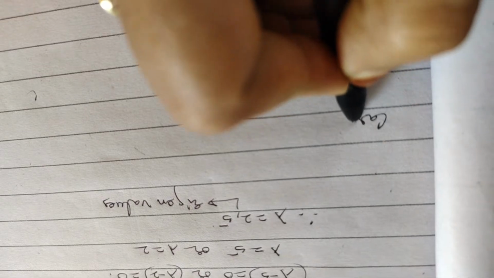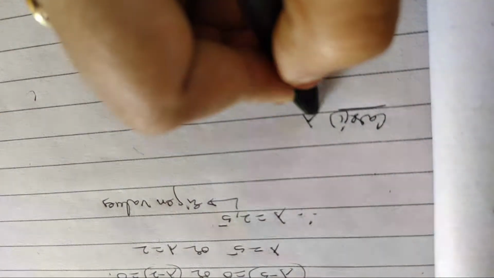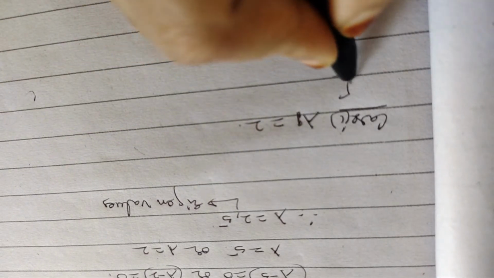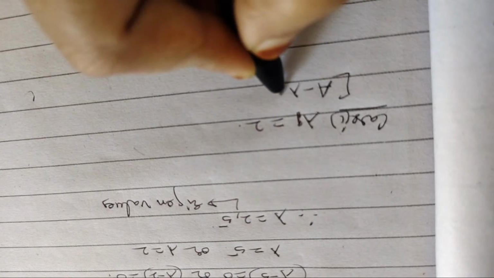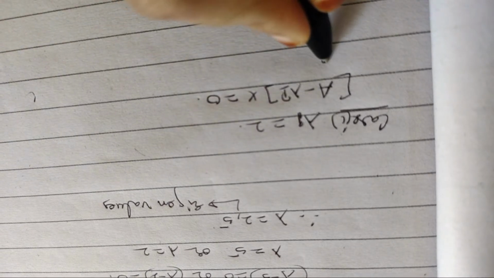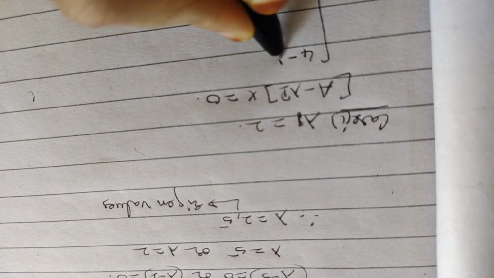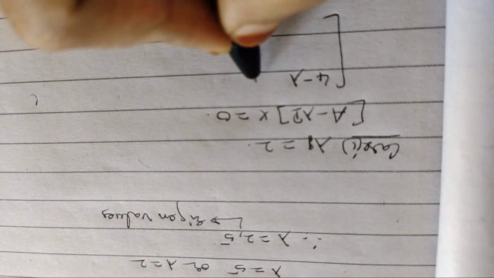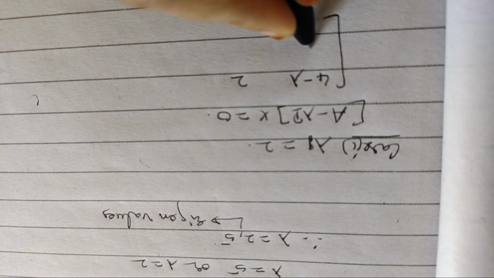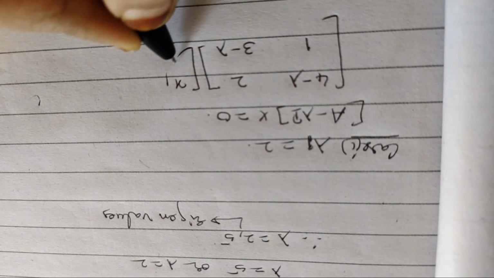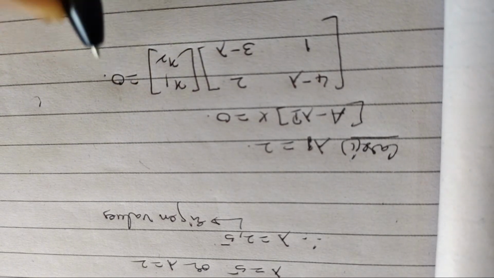How will we proceed for finding the eigenvectors? First case: lambda 1, which is equal to 2. That is, the matrix of A minus lambda I into x is equal to 0, which is 4 minus lambda, 2, 1, 3 minus lambda, and x is equal to x1, x2, which is equal to 0.